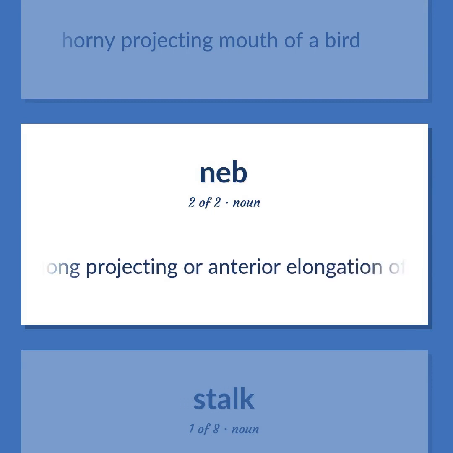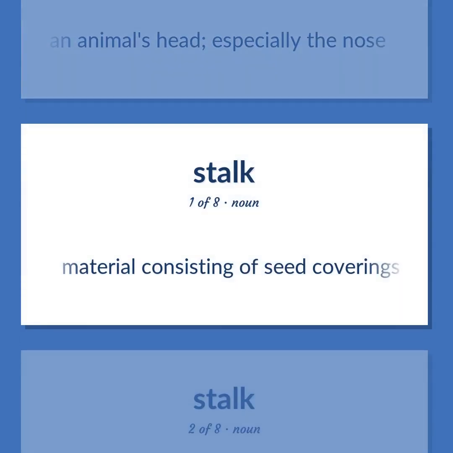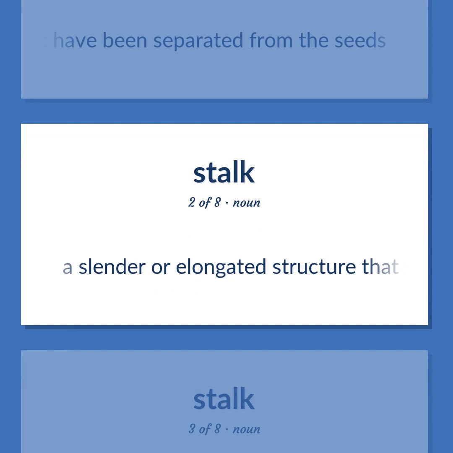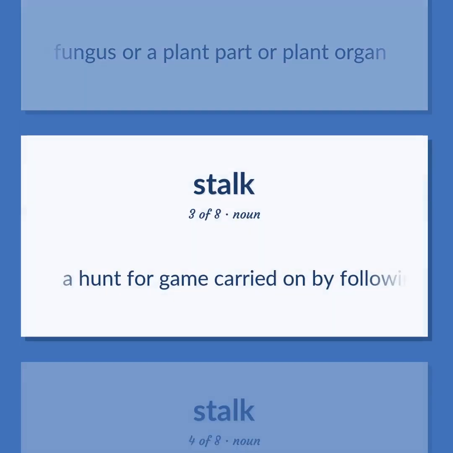A long projecting or anterior elongation of an animal's head, especially the nose. Material consisting of seed coverings and small pieces of stem or leaves that have been separated from the seeds. A slender or elongated structure that supports a plant or fungus or a plant part or plant organ.